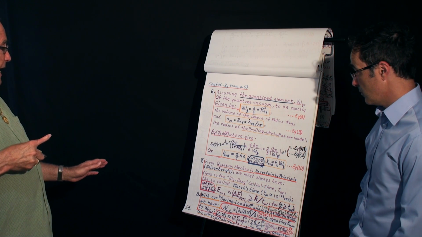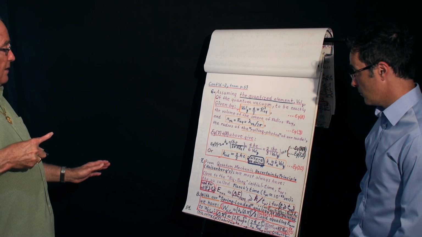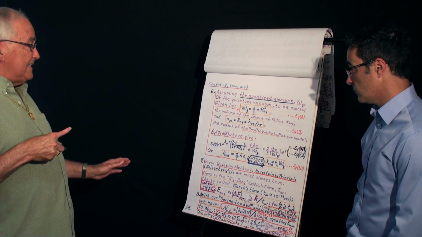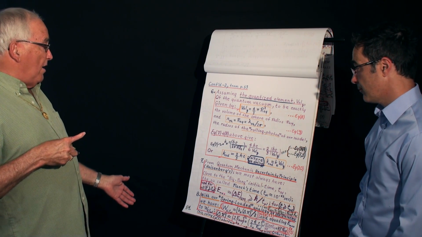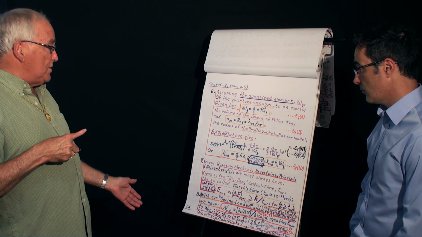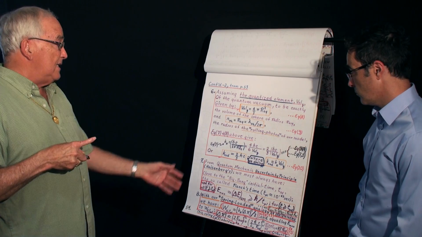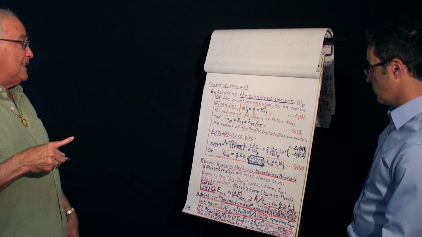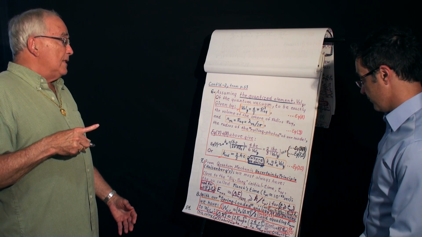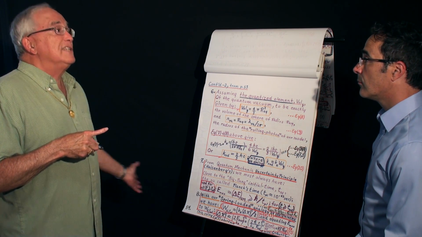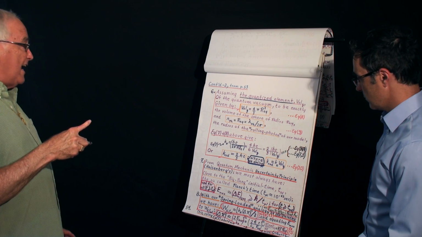And for time greater than or approximately equal to Planck's time, that means all the time, we must have that the maximum quantum energy from quantum mechanics must be larger than or approximately equal to Planck's constant divided by T Planck.